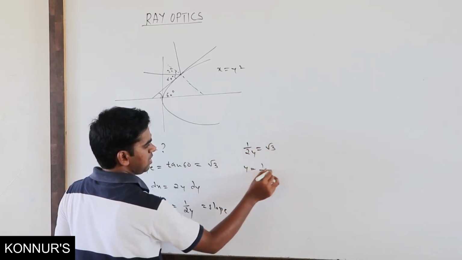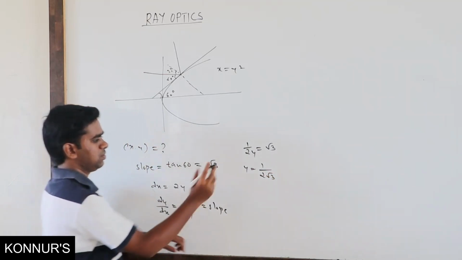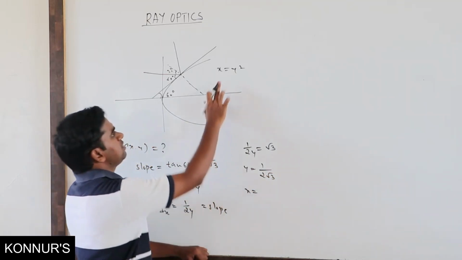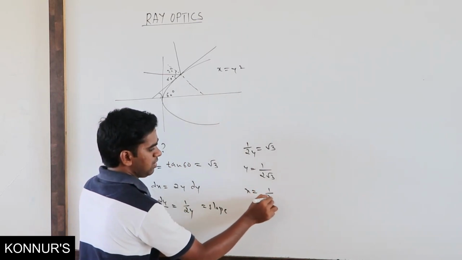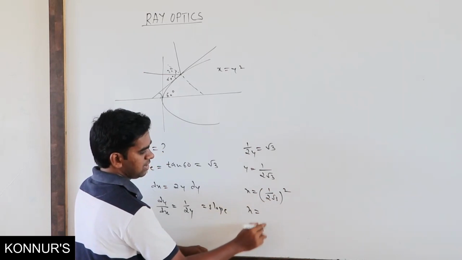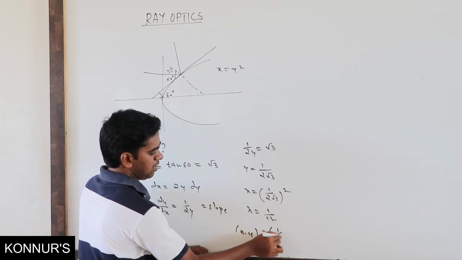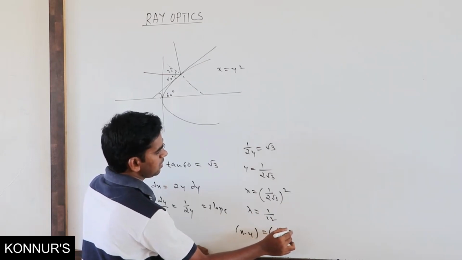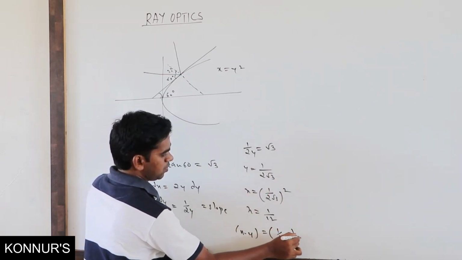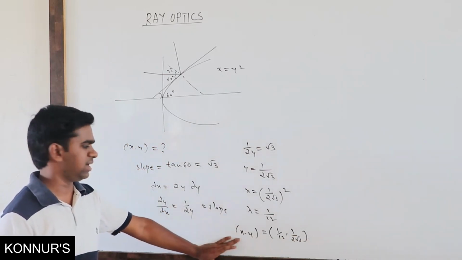So y equals 1 divided by 2 root 3. So x equals y square. So (1 by 2 root 3) the square. So this will become 4 3 12, 1 by 12. So x comma y is equal to 1 by 12 comma 1 by 2 root 3. This is going to be your answer, x comma y.